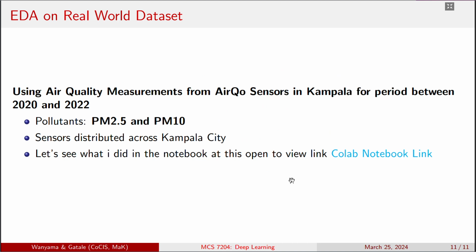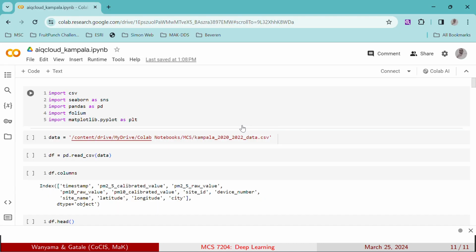And we'll just go and show you the EDA that we did on the dataset that we got from AirQo. Yeah, so to use satellite data, it has to be validated with ground truth, as I've already said. So we got AirQo data. AirQo is a project that monitors air quality across Africa.